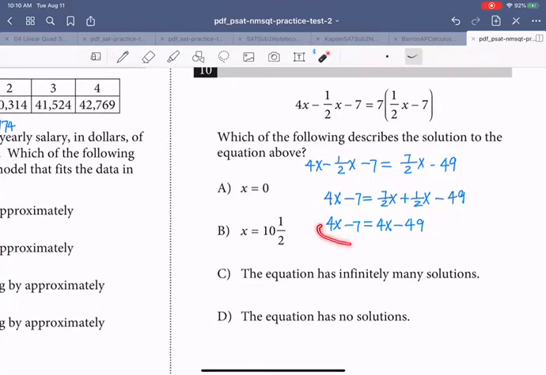Did you get over to here? Yes. What does this mean? That means no solution, right? Yes, no solution.